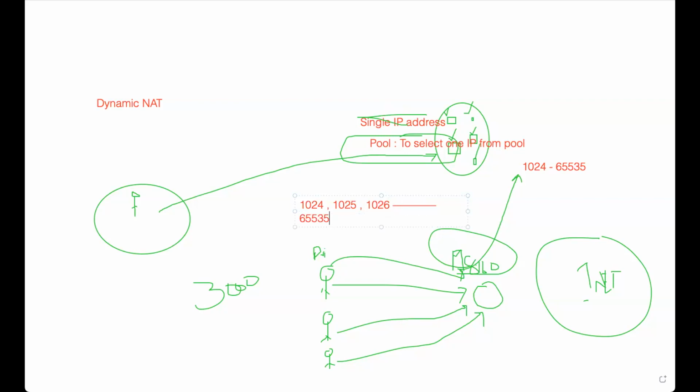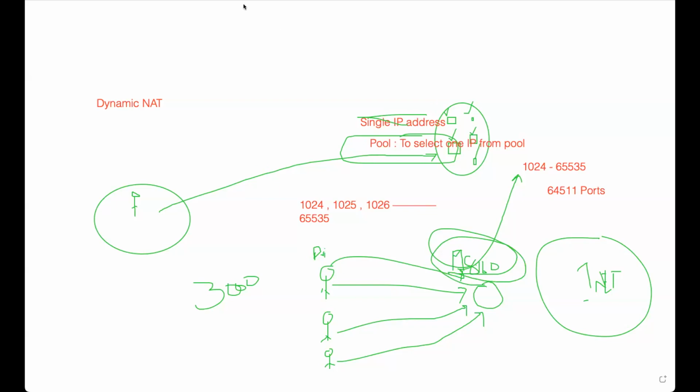Let's do the math. 65535 minus 1024 gives 64,511 ports. So at a time, 64,511 users can have the same IP.